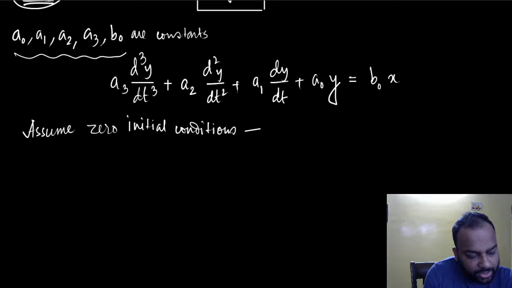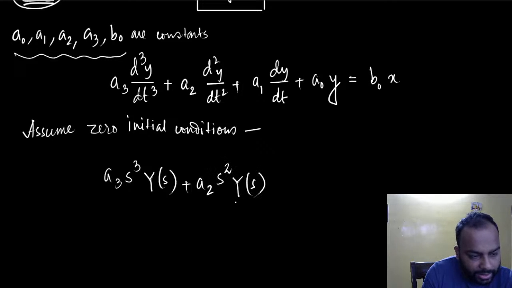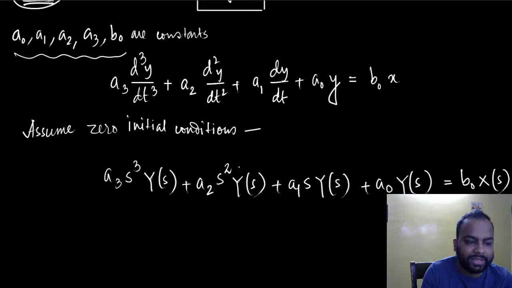If I assume zero initial conditions and then apply Laplace transform, then it will become a3 s cube Y(s) plus a2 s square Y(s) plus a1 s Y(s) plus a0 Y(s) equal to b0 X(s), where I am assuming the Laplace transform of x(t) is X(s).